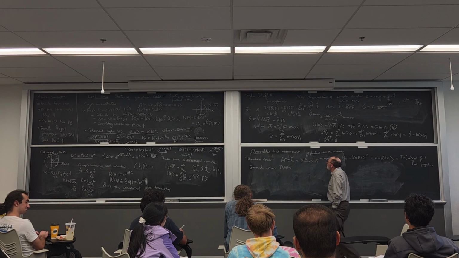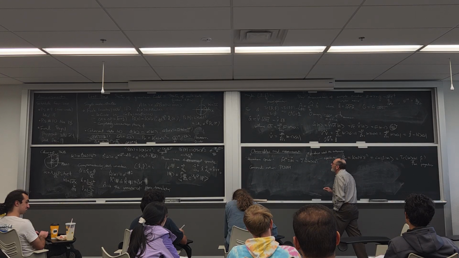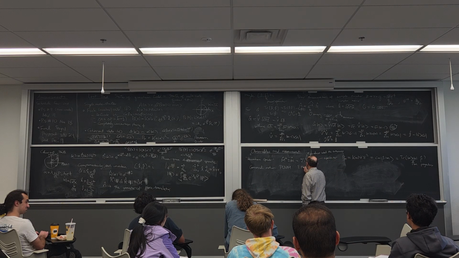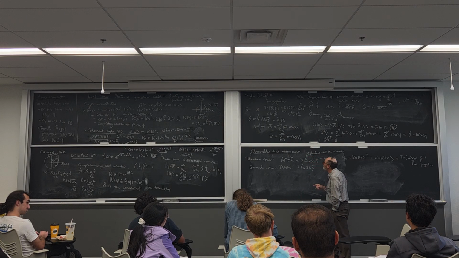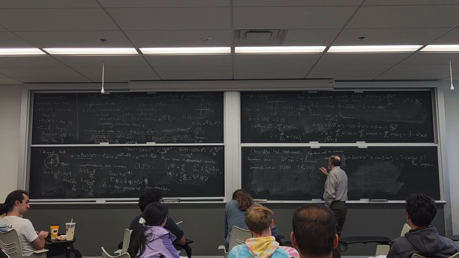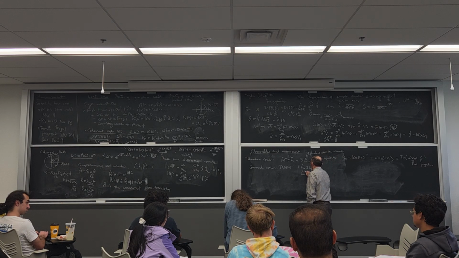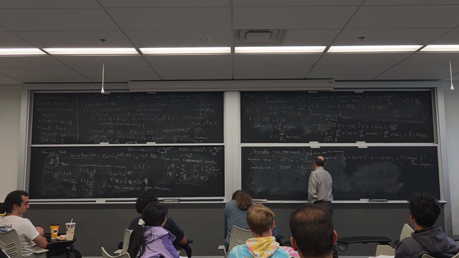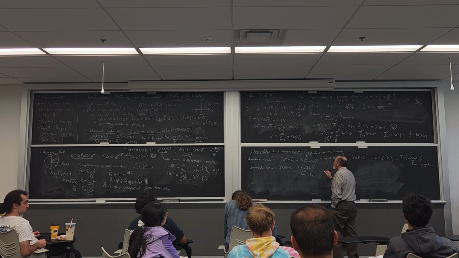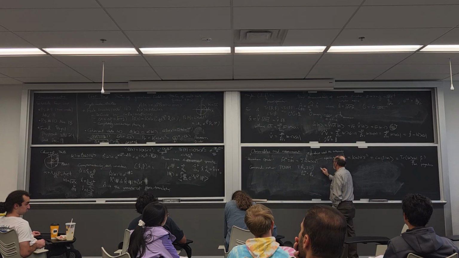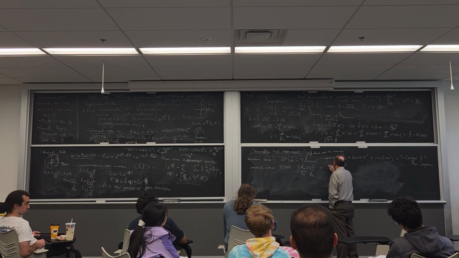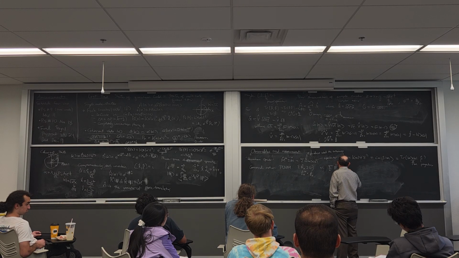What is a POVM? A POVM is a collection of operators which are positive. What it means to be a positive operator is to say that all of its eigenvalues, they're Hermitian operators, are positive, such that if I sum over this, I get the identity.